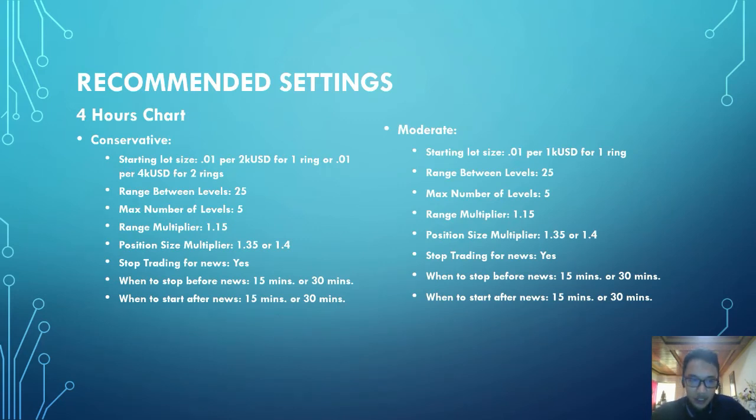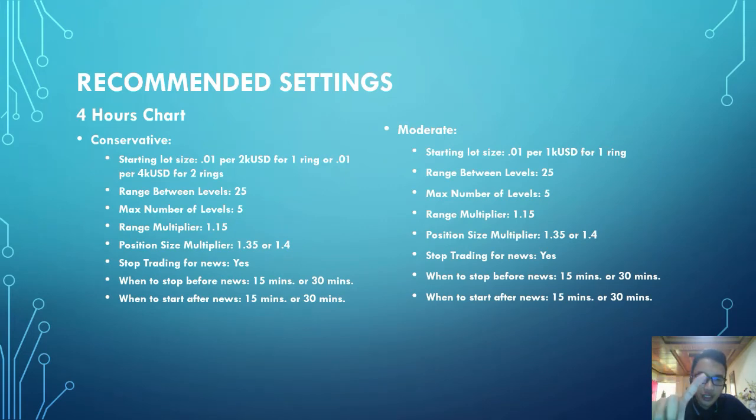Then for the 4-hour chart, in Forex you could actually let the robot analyze the daily price movement or the 4-hour price movement. With the daily price movement, the robot would analyze trends much more precisely because we are looking at a higher timeframe, which is the daily price movement.